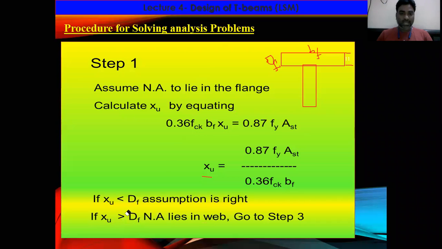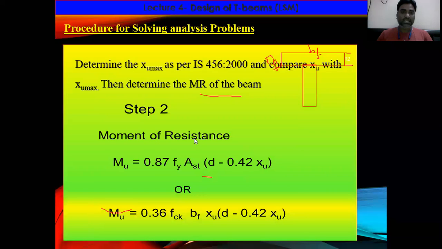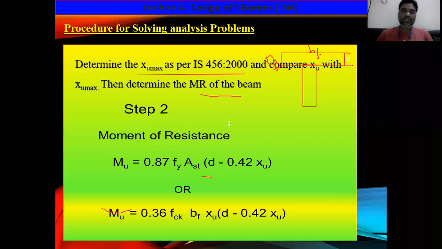So after determining this, let us assume for the first case that the depth of neutral axis is within the flange, and we got our assumption is right. Then you need to calculate the xu max as per IS 456 2000, with xu max by d values based upon the grade of concrete and fy.